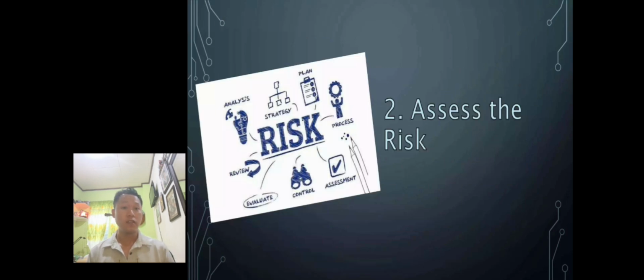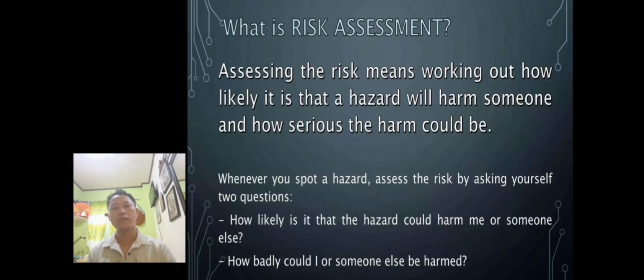The second is to assess the risk. What is risk assessment? Assessing the risk means working out how likely it is that the hazard will harm someone and how serious the harm could be. Whenever you spot a hazard, assess the risk by asking yourself two questions.